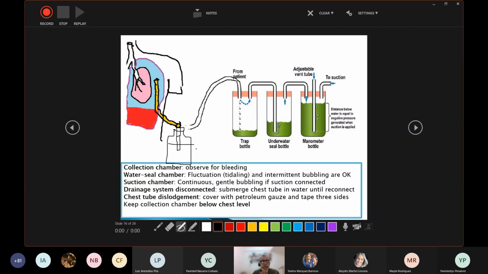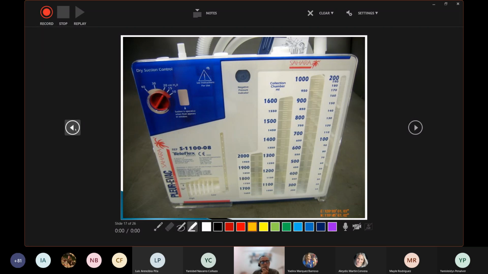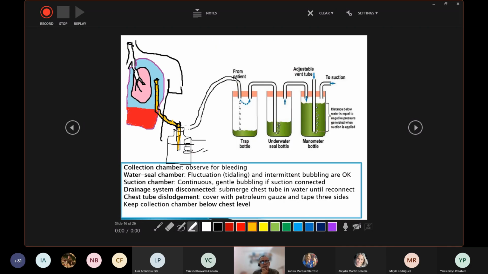Meanwhile, you are going to be holding this bottle with your hands, keeping this tube introduced inside the bottle, while a new equipment, a new box, is prepared to reconnect this tube to a new drainage system.